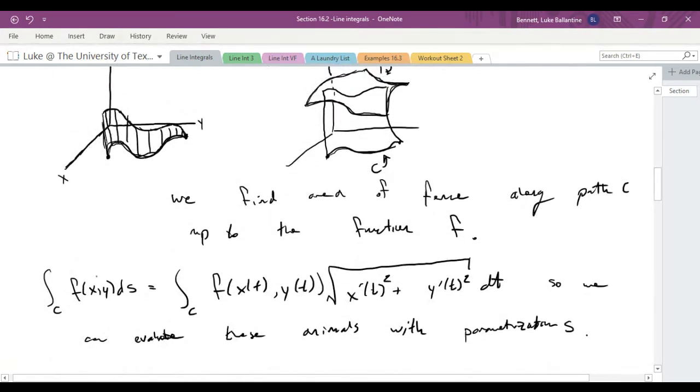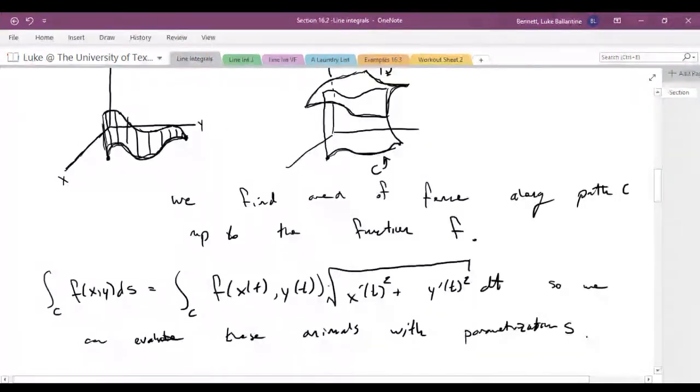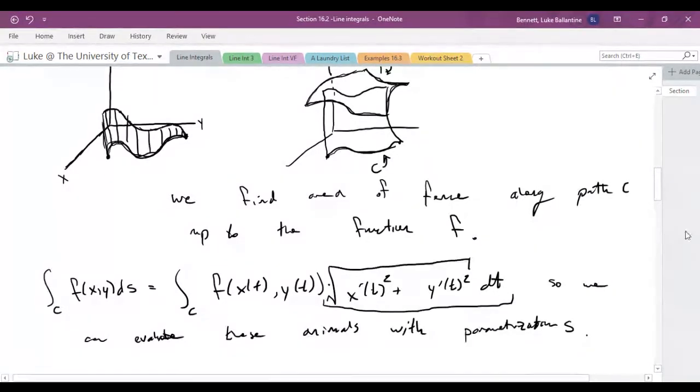So the integral over C of f of x, y ds is the integral over C of f of x of t, y of t, and then this portion is just ds, where we already know about ds.